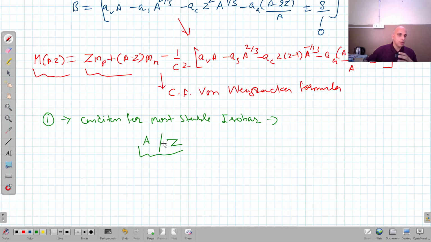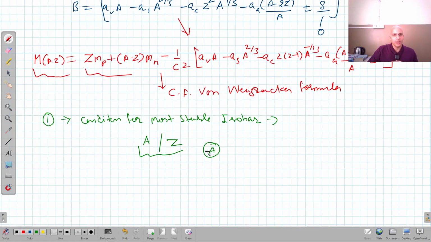So if we are given A, meaning a mass number, and different isobars exist for that mass number, then I want to know which of the isobars will be most stable.